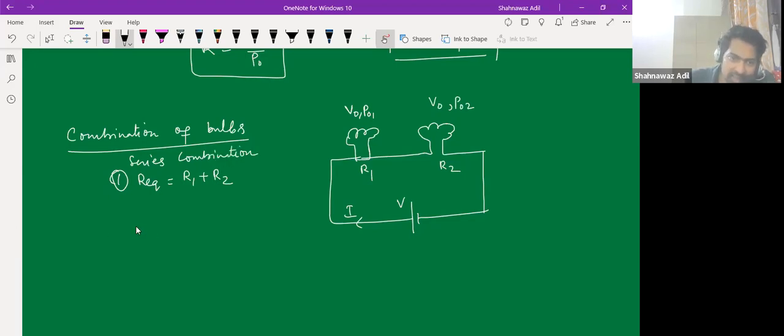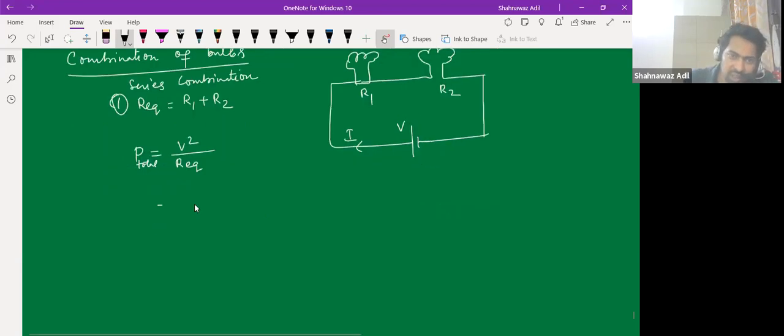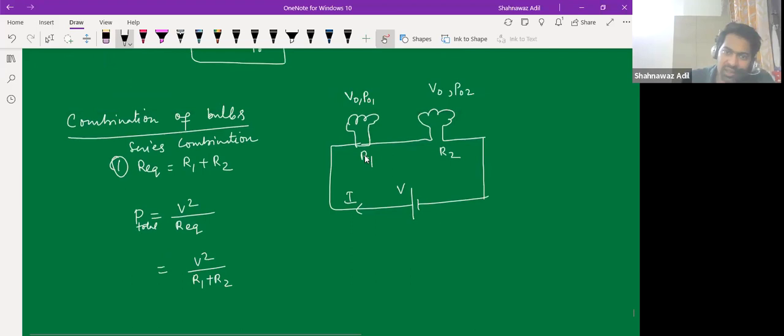Okay, and power would be how much? The power dissipated would be V square divided by this R equivalent, right? This is the total power dissipated. So this would be V square over R1 plus R2. How can we calculate this resistance using the rating?